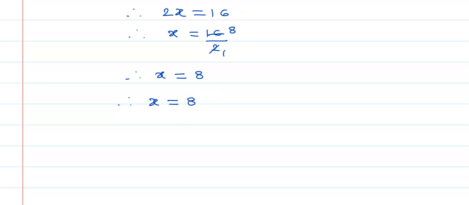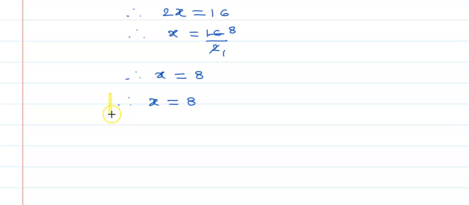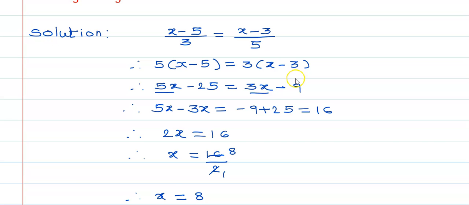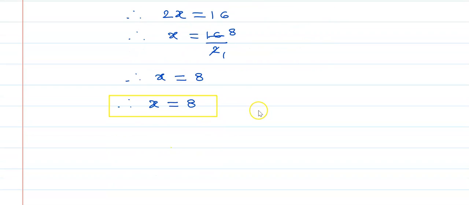This is the solution. You can see this here. First is cross multiplication and normal simplification is here.